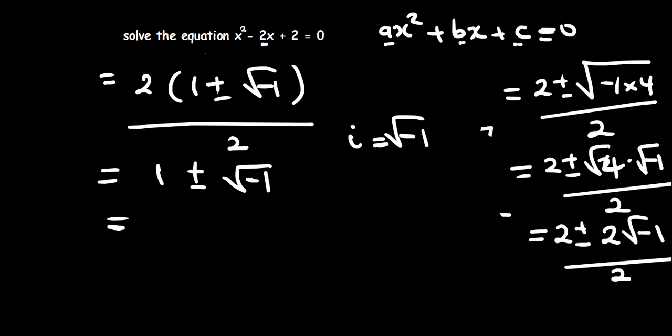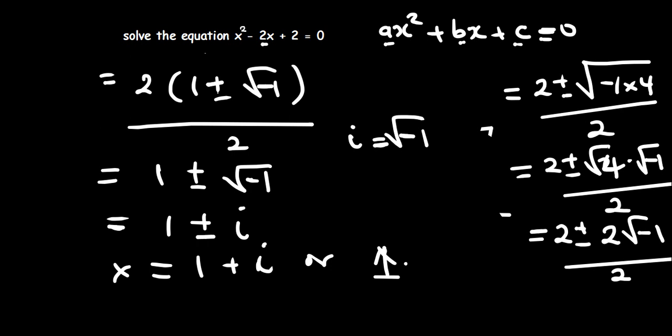So we can write that as 1 plus or minus i. And so x is equal to 1 plus i, or x is equal to 1 minus i. So these are your two values, and we see that these are complex numbers.